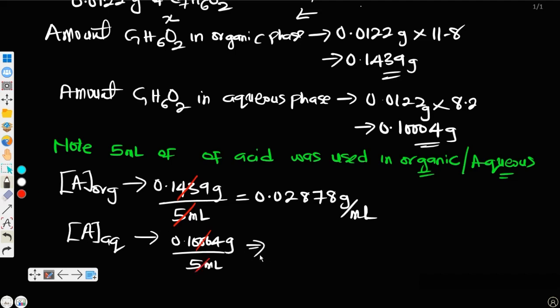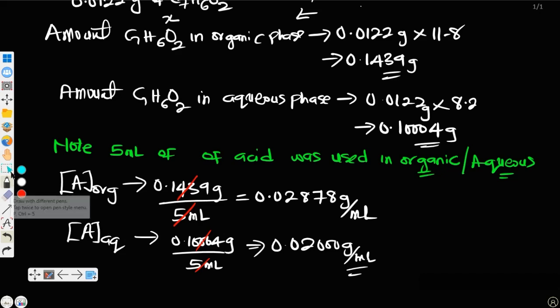This gives us 0.10004 again divided by 5, and this will give us 0.02000000. Let's just leave it here, gram per mil. So this is your concentration in the organic and the aqueous phase.